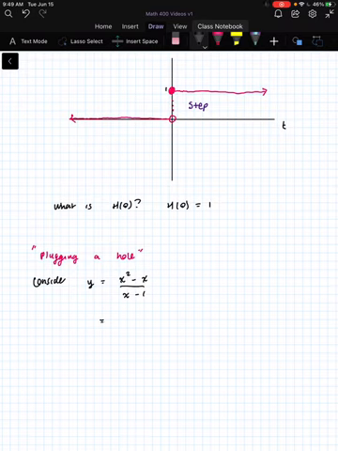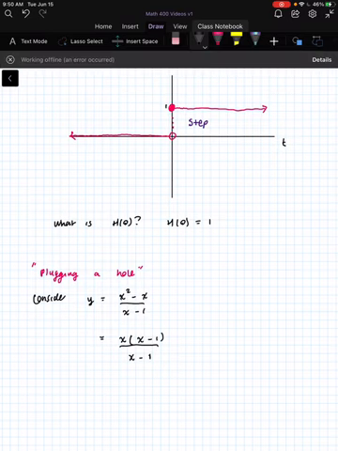Okay, so when we try to simplify this rational expression on the right, we can recognize that if we factor out x, this function actually turns into this, right?